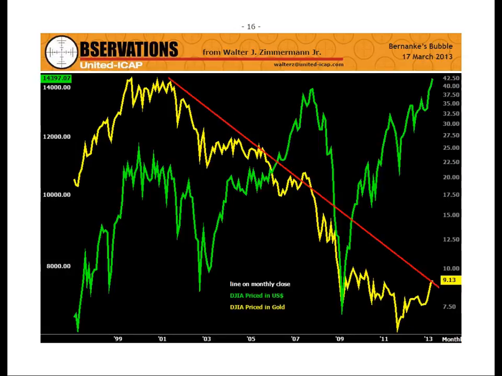And if we apply that to the stock market, this is in yellow, the Dow Jones Industrial Average priced in gold since the internet bubble peak. And in green, it's the Dow priced in US dollars since the internet bubble peak. And looking at it this way, one is tempted to make two conclusions.